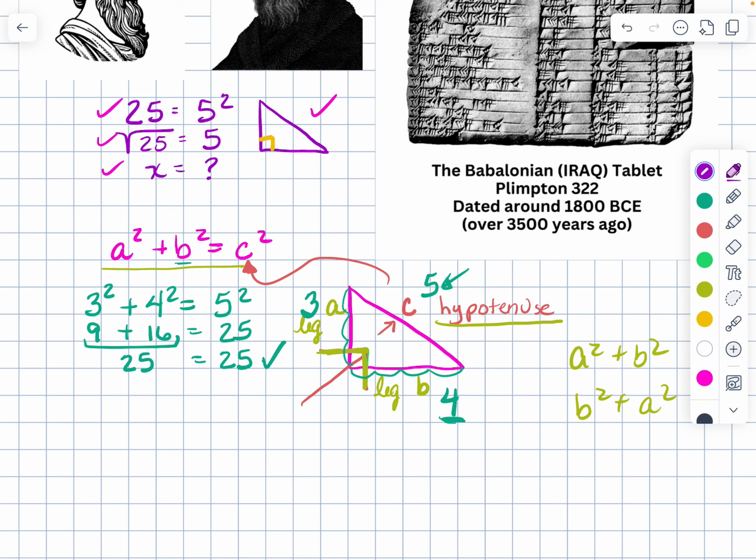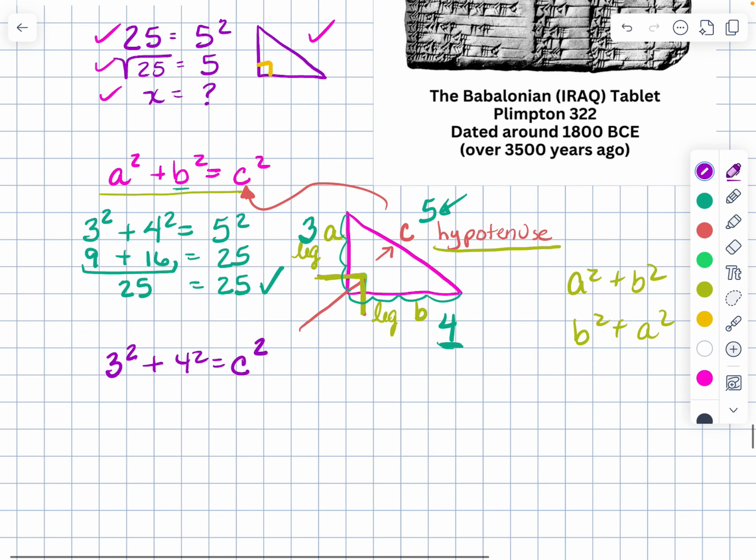Now, I want to do the exact same problem, but pretend like we don't know what the length of the hypotenuse is, because that's where we're going to be using these square roots. So we've got 3 squared plus 4 squared is equal to, and we're going to leave that as C squared, right? So now again, we've got 9 plus 16 is equal to C squared. 9 and 16 is 25 is equal to C squared. This is where we're going to use our square roots.